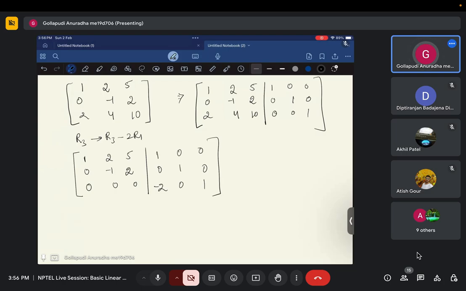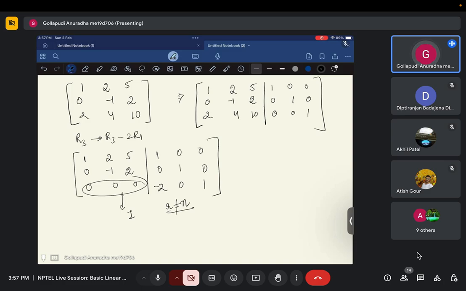Is anybody able to find the inverse of this matrix? No, ma'am. Yes, the inverse is not possible here. Why? We cannot convert the given matrix into row reduced echelon form, first of all into the identity matrix. All are 0 here. We don't have full rank here. So we cannot get the inverse of this matrix.